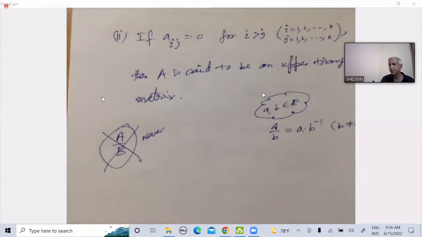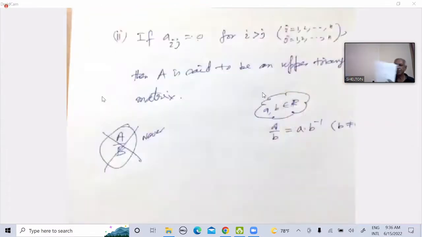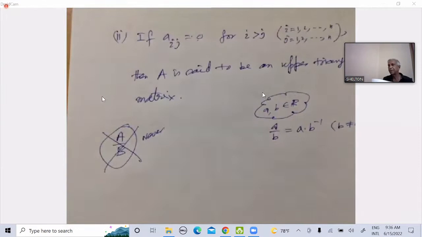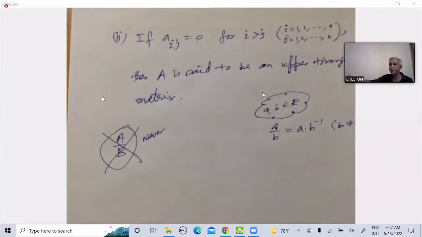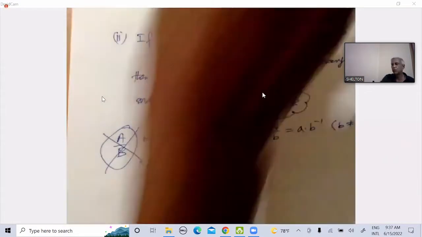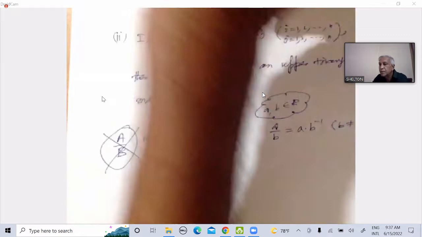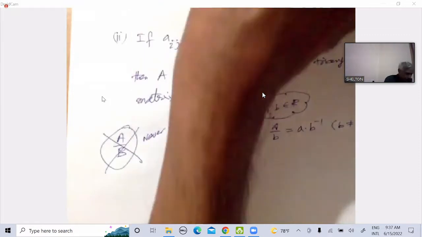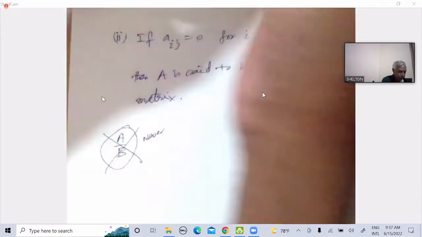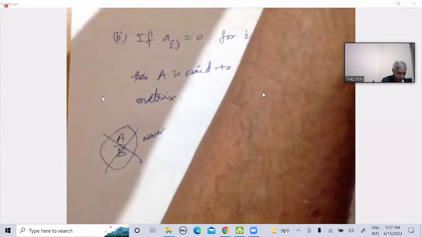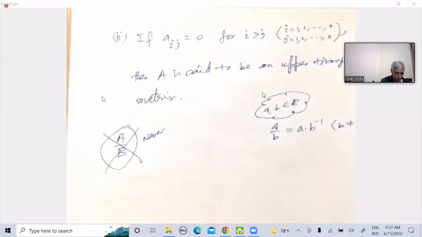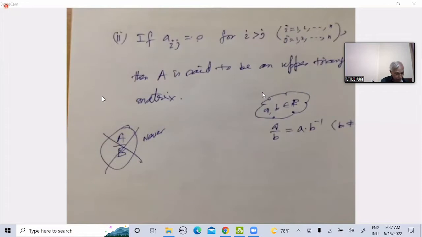Before I go into this, I think it's better for us to write down some more properties of the operations that we have defined on matrices so far. There are lots of properties that we need to list, because I said you can think of these matrices as new types of numbers.